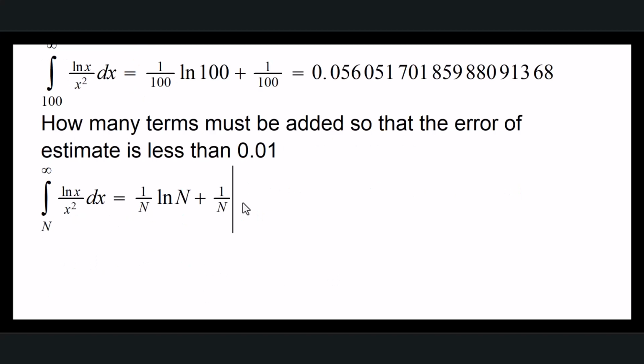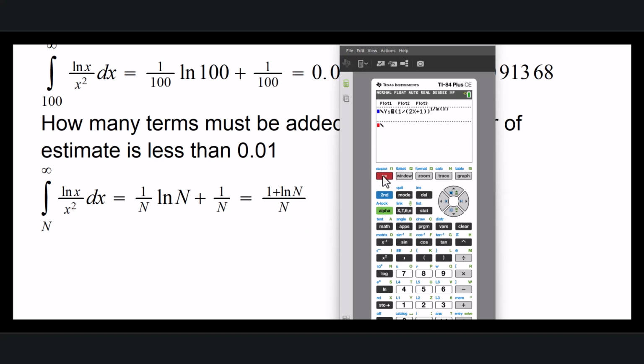First, let's put it in a way that is easy to enter in the calculator. So I combine these together. I'll bring the calculator up, and then I'll change my y to 1 plus ln of x, instead of n I'm writing x here, divided by x.